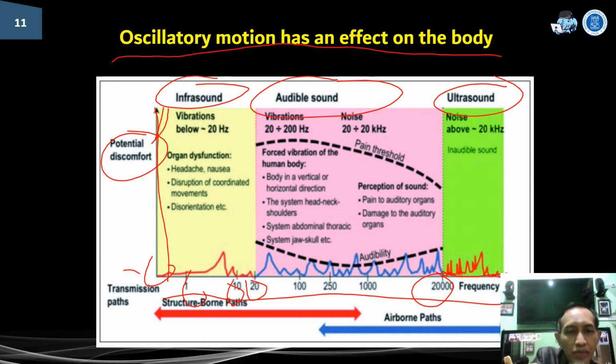This is the transmission path, from 0 until about 1000 is the structure borne path. From 250 until ultrasound is the airborne path.